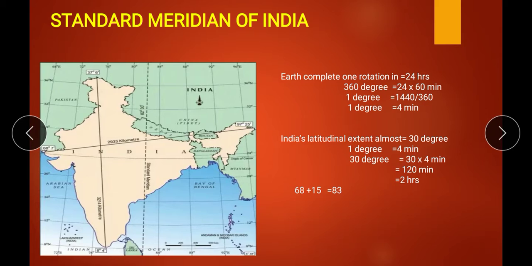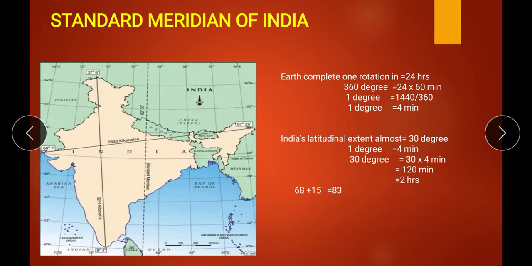Then Earth rotate 1° in how much time? अर्थ 1° रोटेट करने में कितना टाइम लगेगा? 4 मिनट. अंडरस्टैंड? 360° is equal to 24 into 60 minute, and to get the value of 1° we divide total number of minutes by 360°, then it means 1° is equal to 4 minute. अर्थ को 1° रोटेट करने में कितना टाइम लगता है? 4 मिनट. तो इंडियाज लेटीट्यूडनल एक्सटेंट इज ऑलमोस्ट हाउ मेनी डिग्रीज? 30°. तो 30° is equal to 120 minute means the 2 hours.